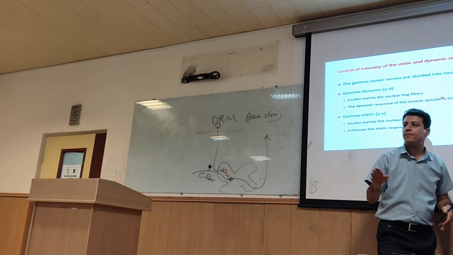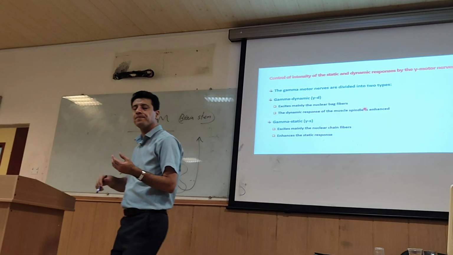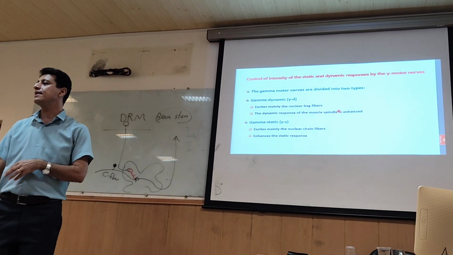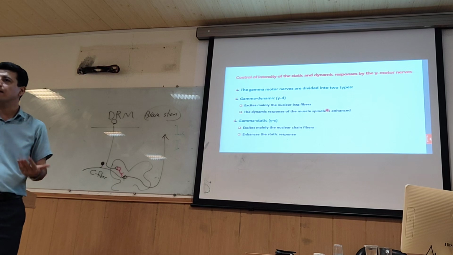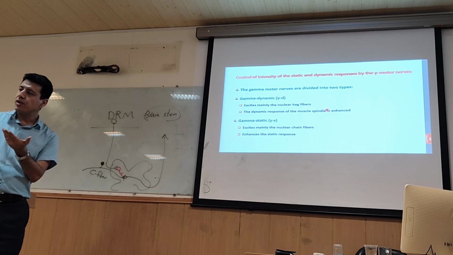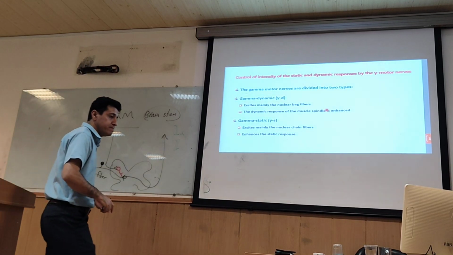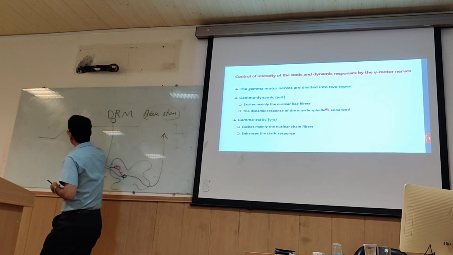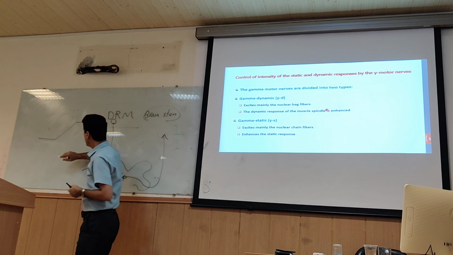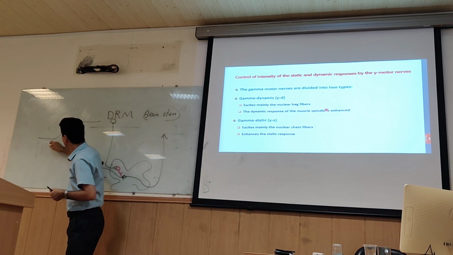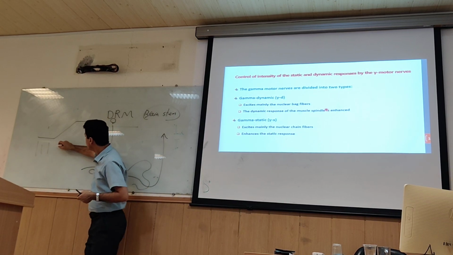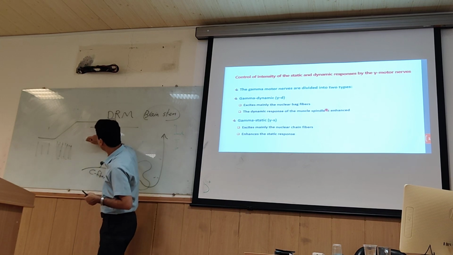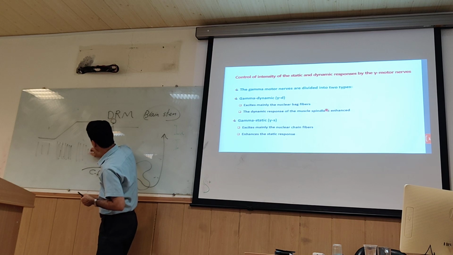Gamma neurons are also of 2 types, dynamic and static. If gamma D, gamma dynamic, is activated, the dynamic response increases. What do I mean? You stretch the muscle and keep it. I told you that before the stretch you have 3 action potentials. During the stretch you have 10 action potentials. After that you have 6 action potentials.